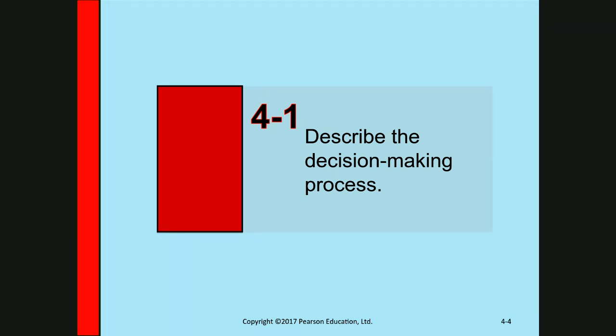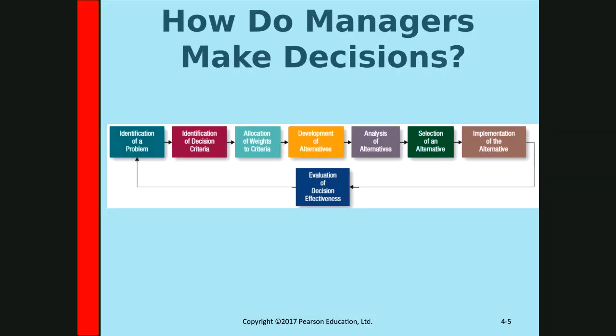When we talk about decision making, usually for this text that we are using, we are basically using this 8-step process. In the meantime, I'll give you a few seconds to look at all these 8 boxes.